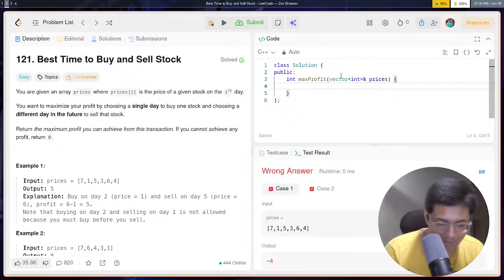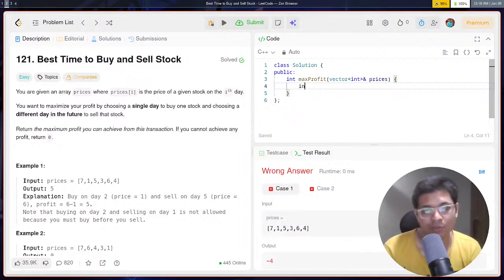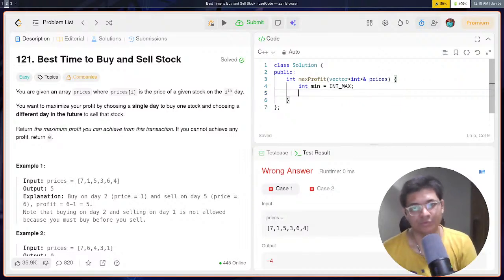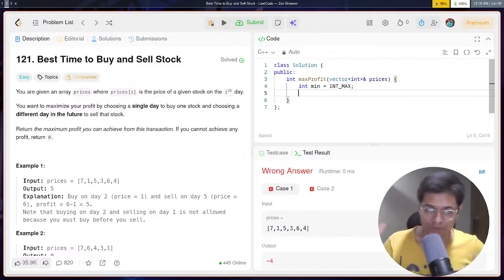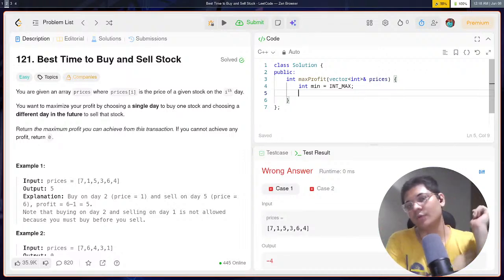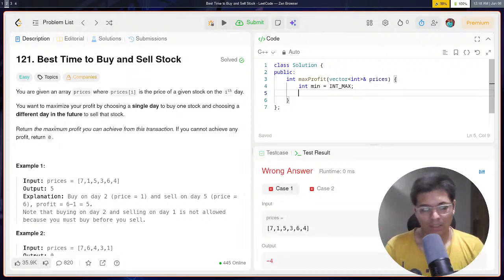It's fine. So what we're doing, we were initializing the minimum to the int max, which is the largest value. Then we have two things. We will keep track of the minimum value.